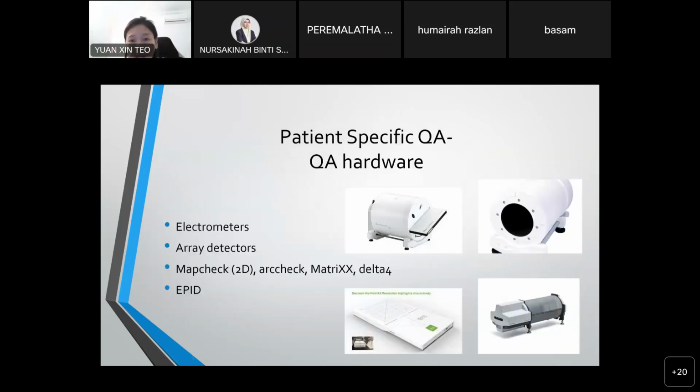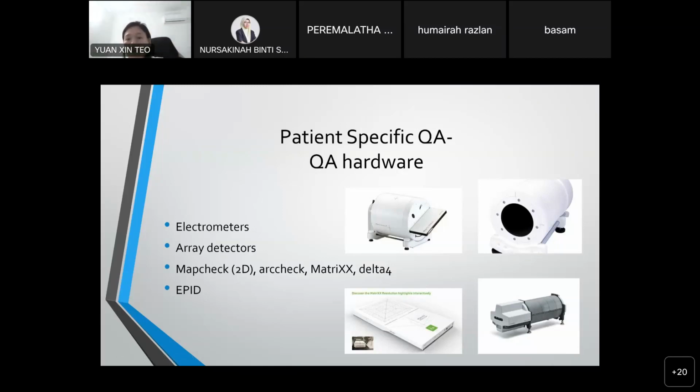So for patient QA, there are a lot of different QA tools from different companies. We may use electrometer, array detectors, MapCHECK. This is just the name of the QA device. So this is a PTW Octavius, MapCHECK, Matrixx, and this one is Delta4. iMatriXX is on the next slide.